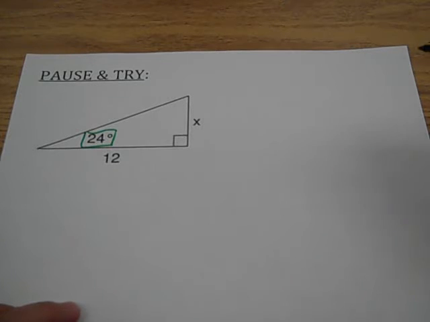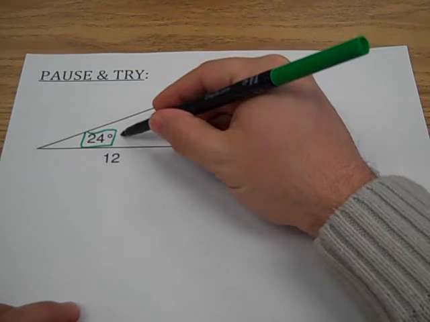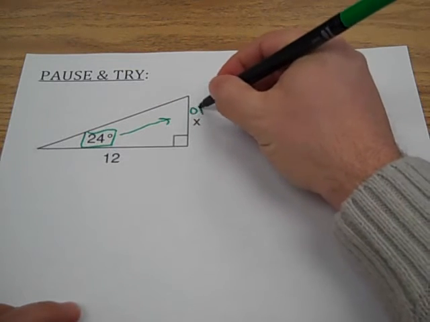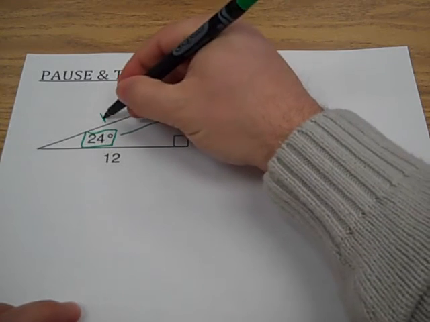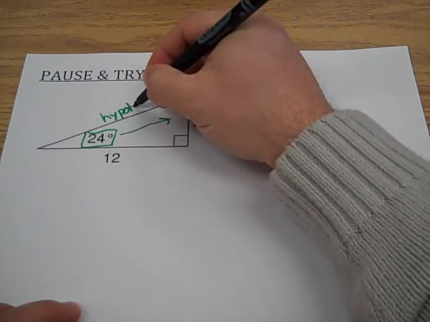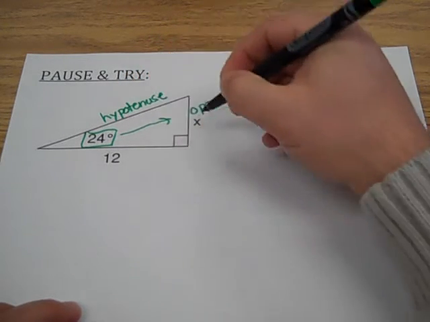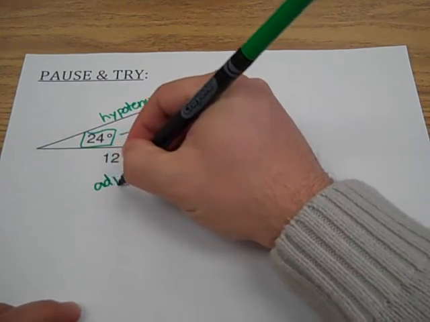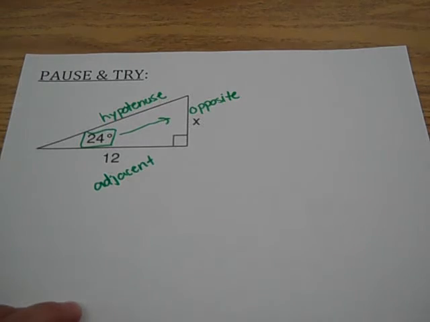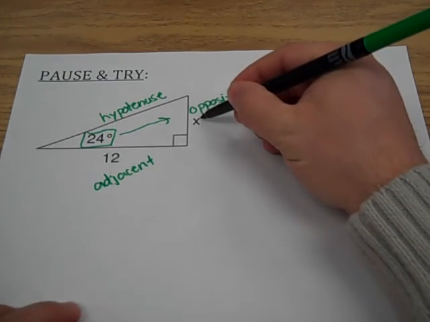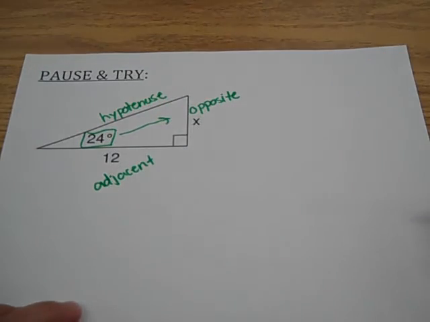You should have pressed pause and labeled that this side was the opposite side. This side is the hypotenuse. And this side over here is the adjacent side. So I have x as my opposite side and 12 as my adjacent side.